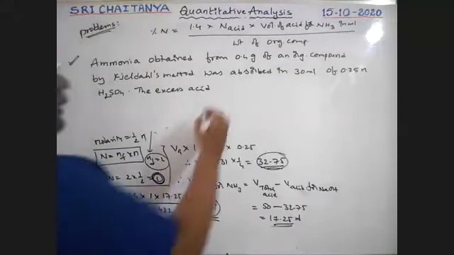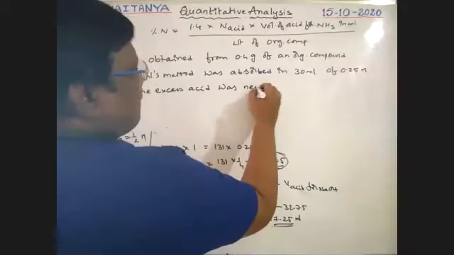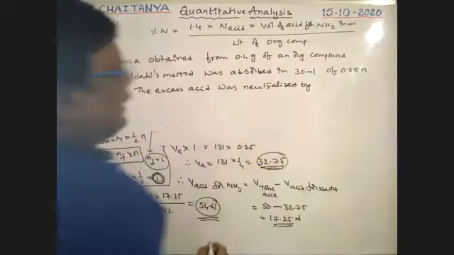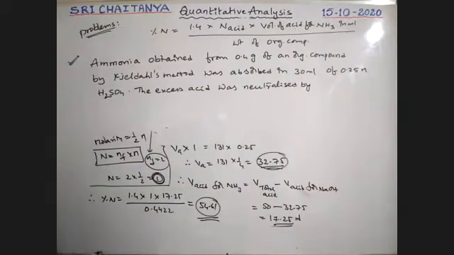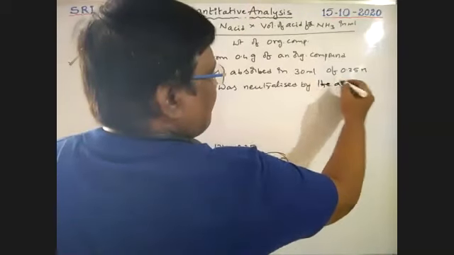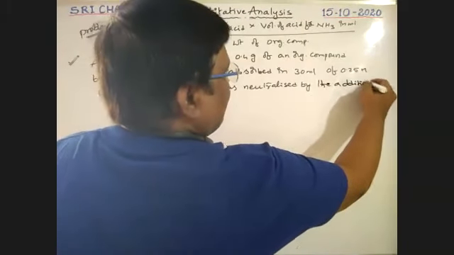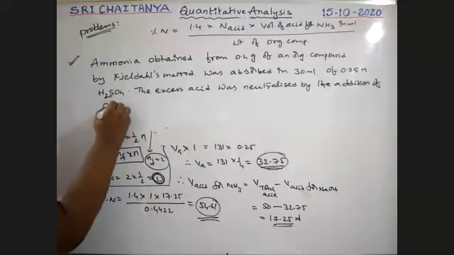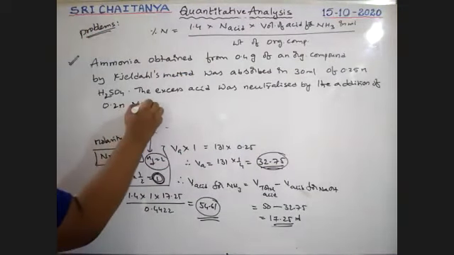was neutralized by the addition of 30 ml of 0.2 M NaOH.